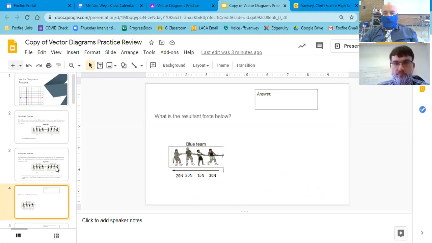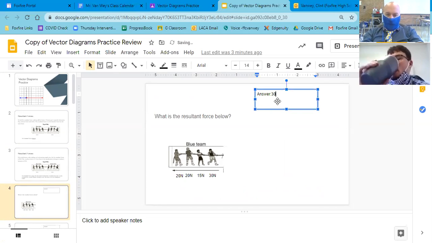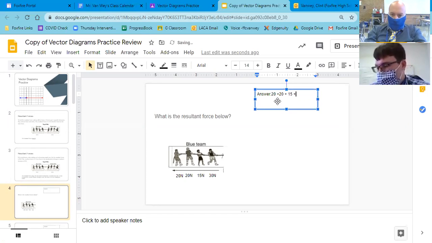To find the resultant here, it's just going to be 20 plus 20 plus 15 plus 30. So our result is going to be 85 newtons. And it's going to be 85 newtons to the left.